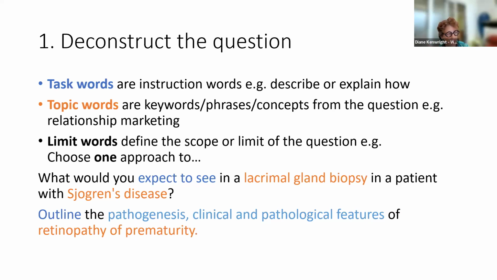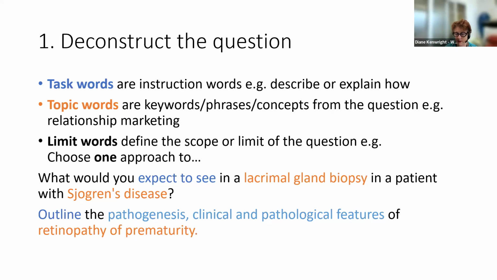So if I was wanting the pathological features of retinopathy of prematurity, I might talk about the white reflex, for example, and not just what we can see down the microscope.